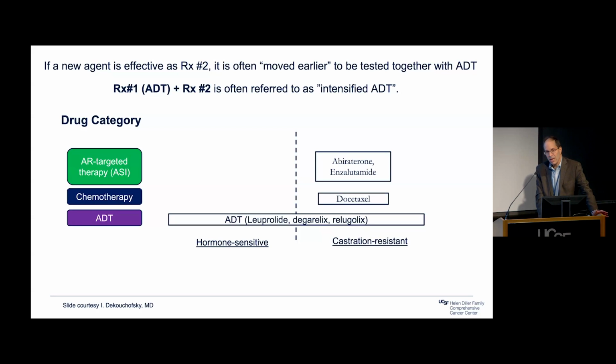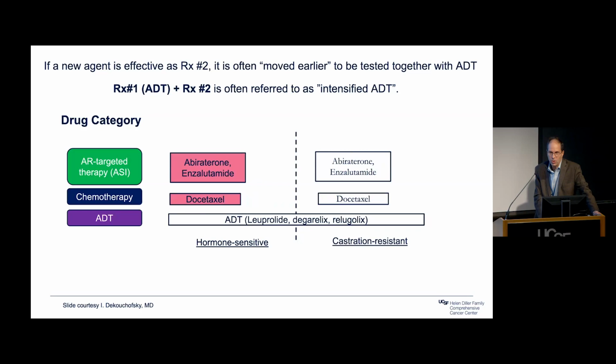But because they worked so well in that setting, and I will tell you that UCSF was involved in the development of abiraterone in this space and apalutamide in this space, because they worked so well in that space and got FDA approval, the next set of experiments was, well, what happens when we use them as intensified therapy?